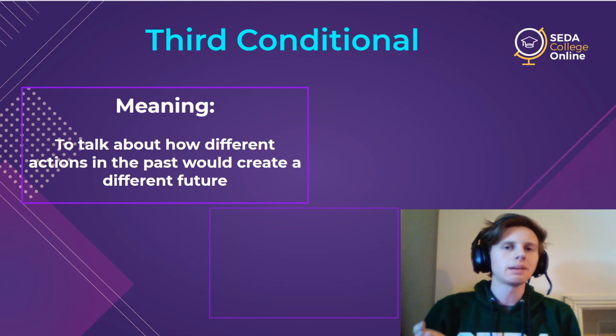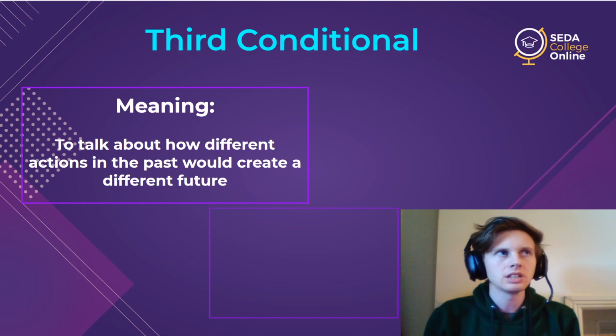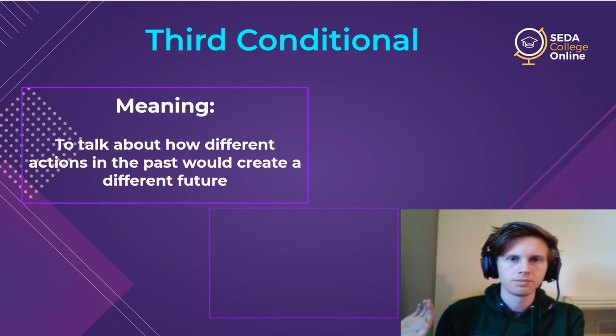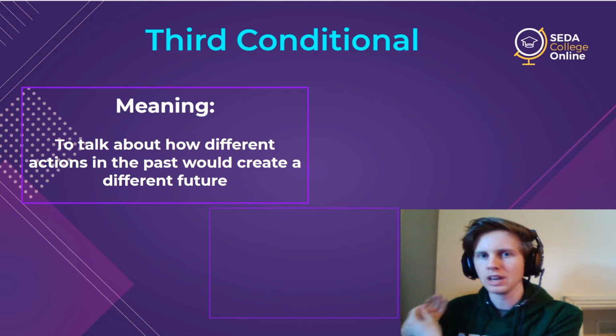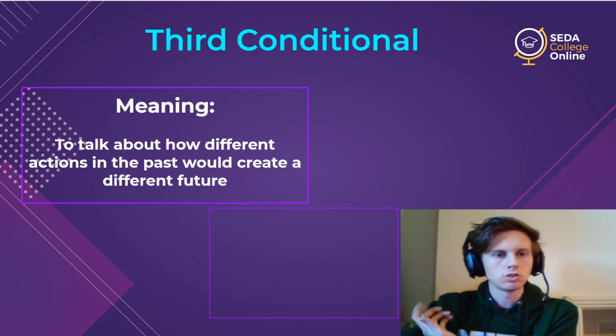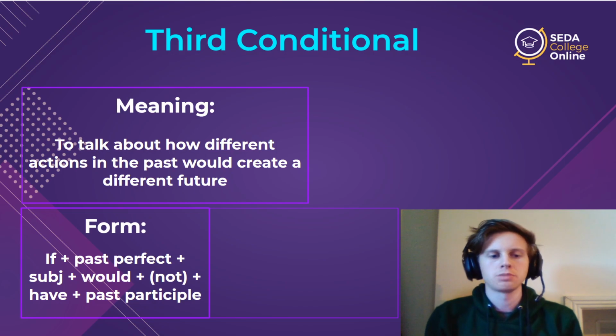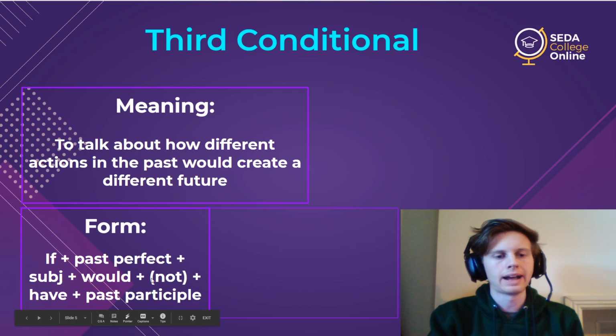It is still hypothetical. It is still not real, imaginary. But now you are looking at what happened in the past. If something different happened, how would it change? And we make that now with the past perfect and the past participle.